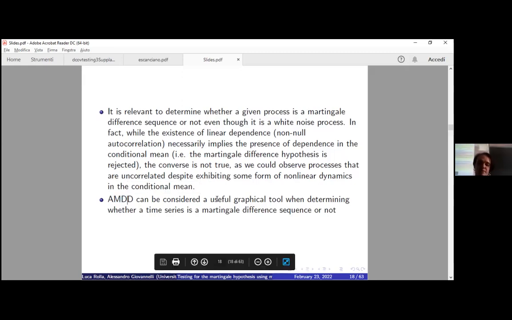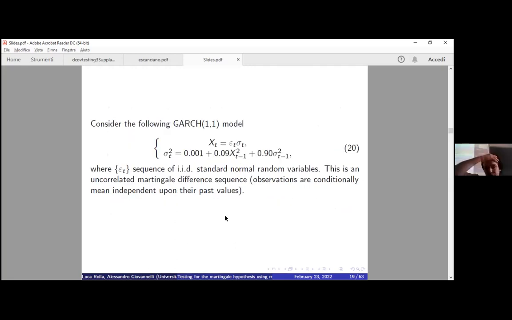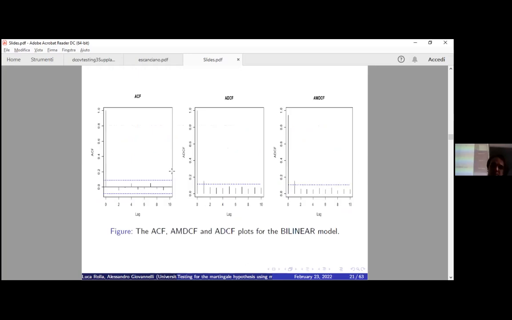Okay, and let us use the auto-martingale difference divergence as a graphical tool in order to have a first intuition of what could be its utility. Okay, let us consider a GARCH(1,1) model like this. And for example, let us represent here the auto-martingale difference divergence function and the auto-distance covariance function for various lags.